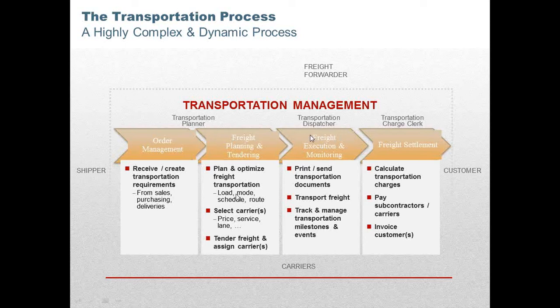But once the settlement is done, again the message would be pushed back to TM. So that's the complete process covering order management, planning and tendering, execution and monitoring, and settlement.